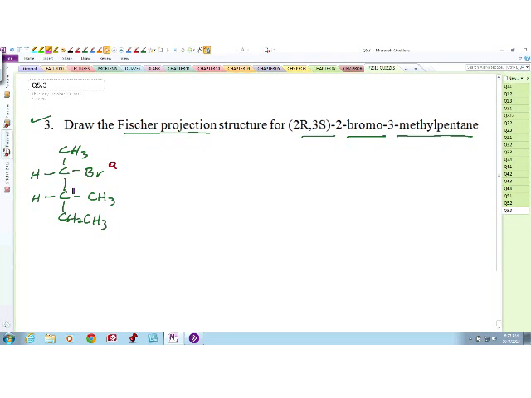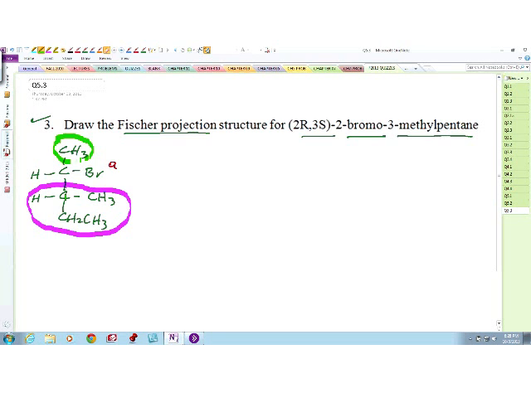Which is priority B? Consider each group by itself attached to this carbon here. The other group is this here, and of course you have bromine and then you have hydrogen. So which is priority B? The bigger group, this here. Based on what?